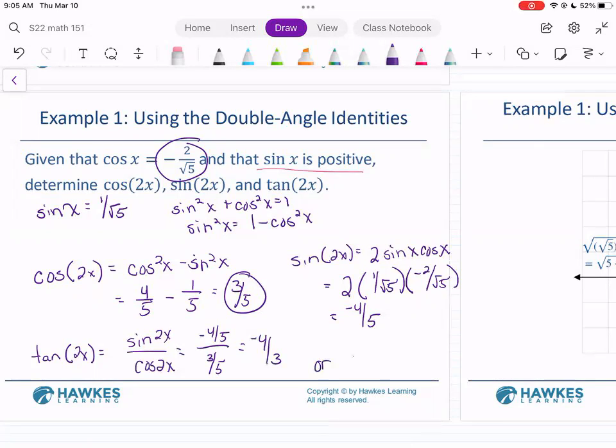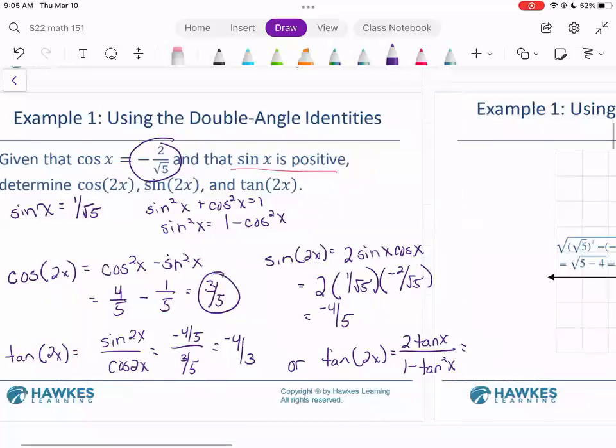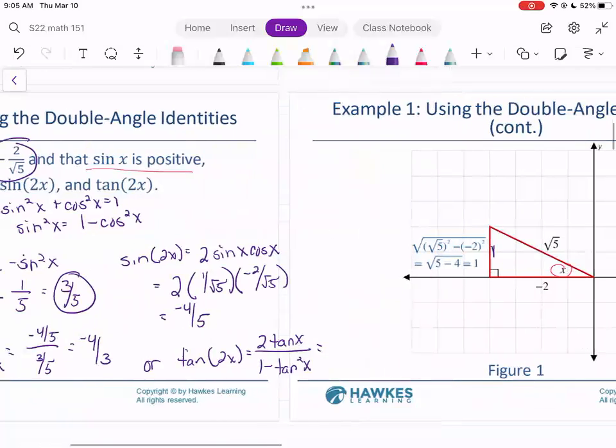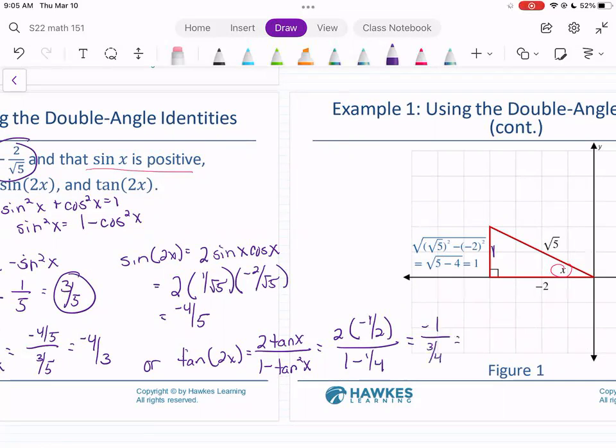Or we can use the idea that tangent of 2x is equal to 2 times the tangent of x over 1 minus the tangent squared of x. Using our triangle to figure out the tangent, we know that tangent is opposite over adjacent. So we get 2 times negative 1/2 over 1 minus 1/4 when we square 1/2, which ends up as negative 1 over 3/4. And when we do that complex fraction, we end up with negative 4/3, which is the same.